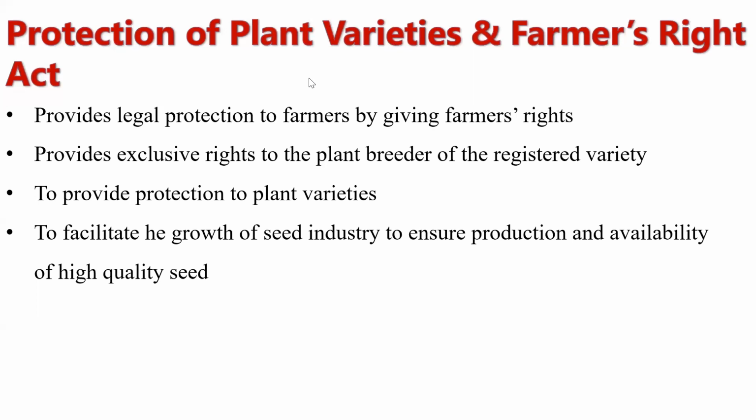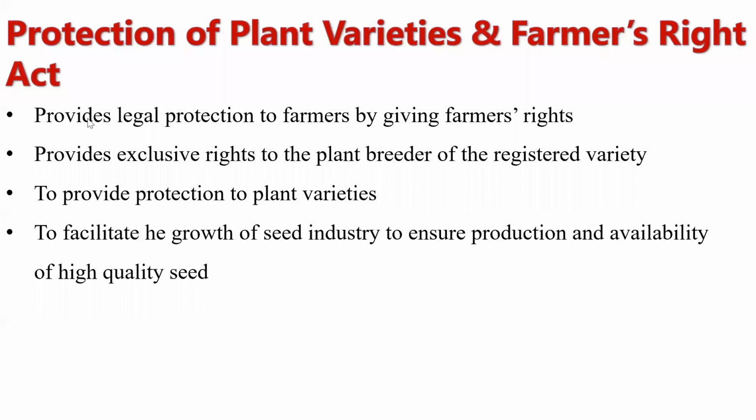For protecting this plant breeding, this act is helpful. Also, it is taking care of the farmers' rights, as farmers are using traditional farming, and farmers are working as cultivators and they are conservers. To reward them, this act is helpful. So it is facilitating the farmers also.